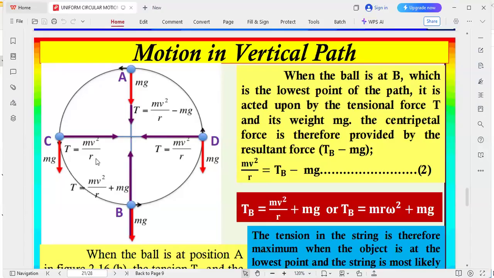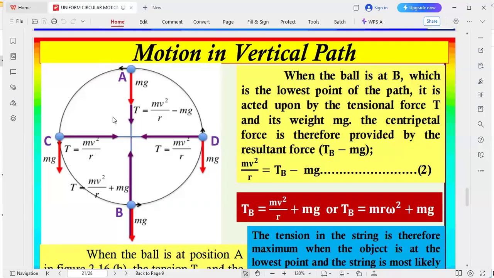Somebody may ask, why minus and why plus? Let's look at the two forces acting on this body. One of the forces is mg. The other force is centripetal force. So we can see that both are acting in the same direction at position A. Both mg and centripetal force in purple are acting in the same direction.